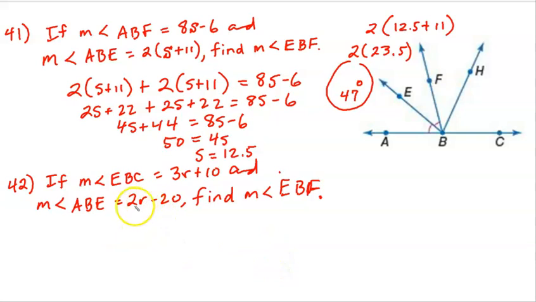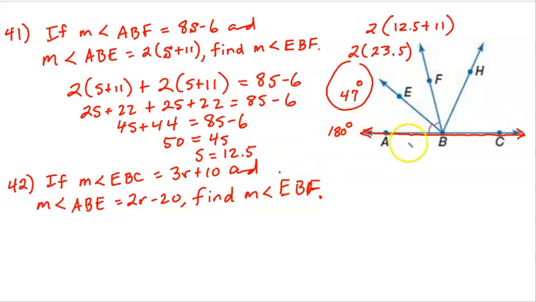All right, and now we got one more using the same figure. EBC, this big angle, this obtuse angle, is 3r plus 10, and ABE is 2r minus 20. Well, we're told in the original instructions that BA and BC are opposite rays, which means this forms a line which measures 180 degrees.